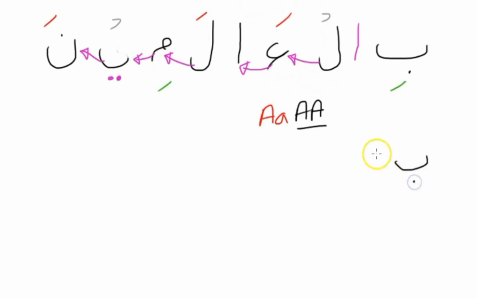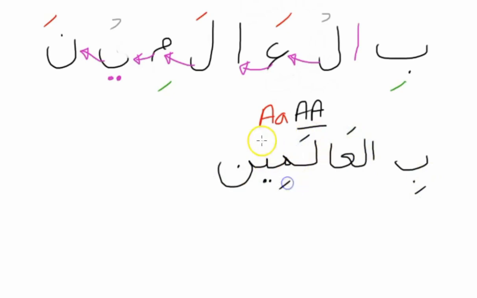So if you look at it in the Quran, you'll find it written in this format. So bil alamina. And in fact, in the Quran, you'll actually find the alif written as we showed earlier, a small alif in the air. So bil alamina.